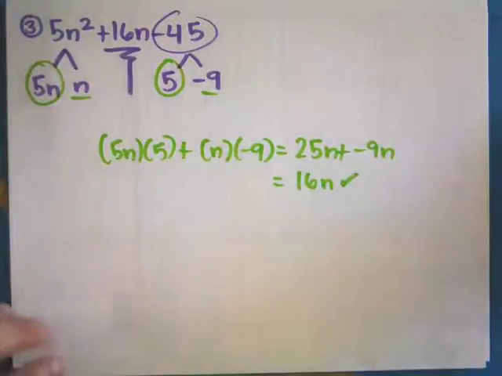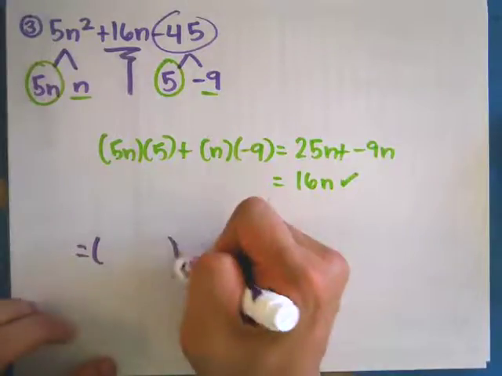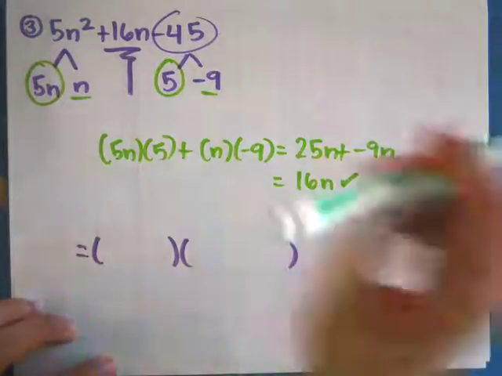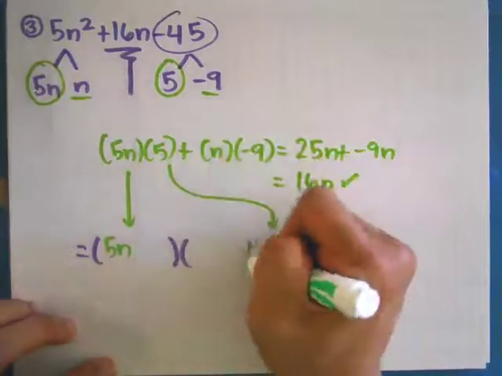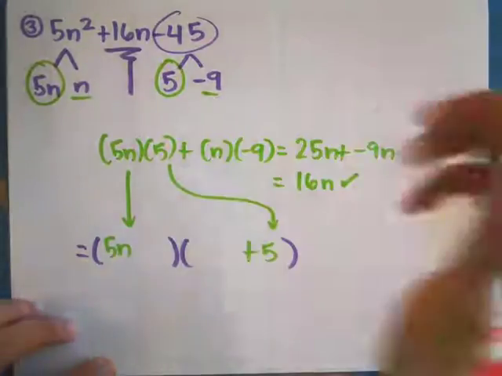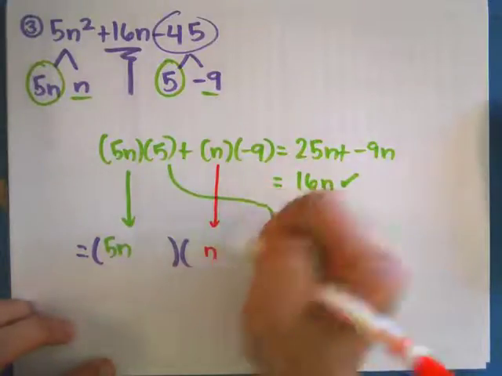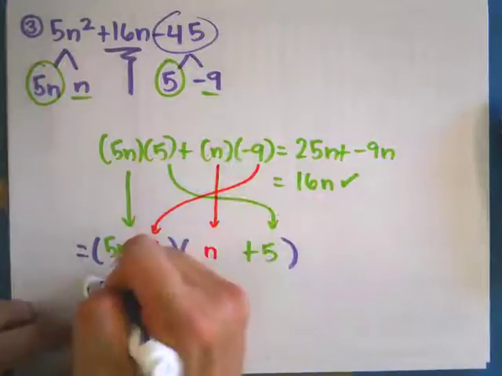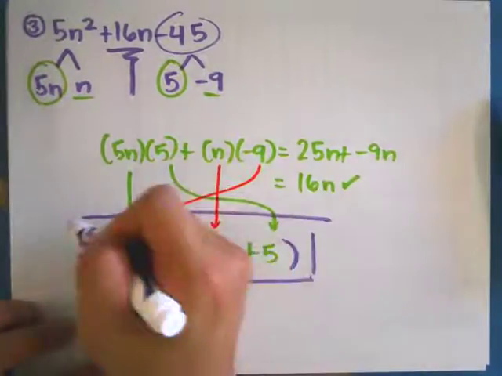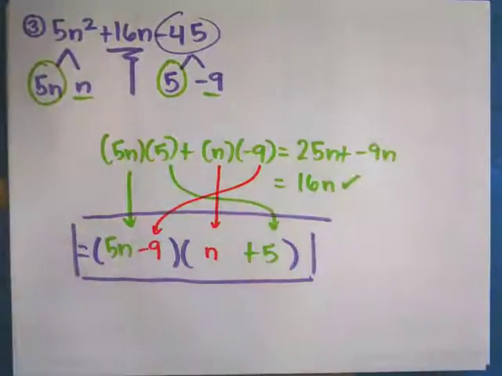This is what we want. So you're multiplying 5n minus 9 times n plus 5 quantity, with that parentheses.